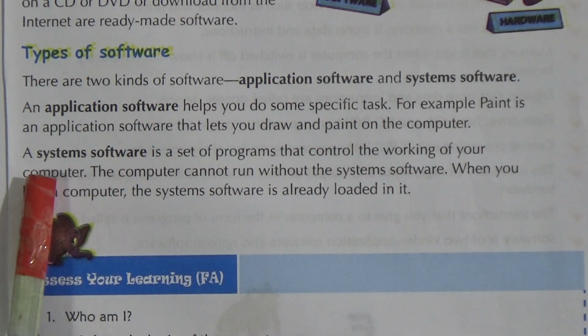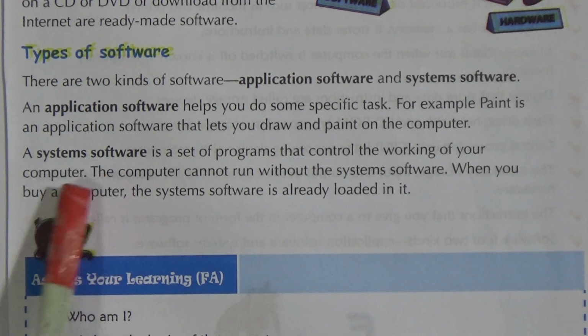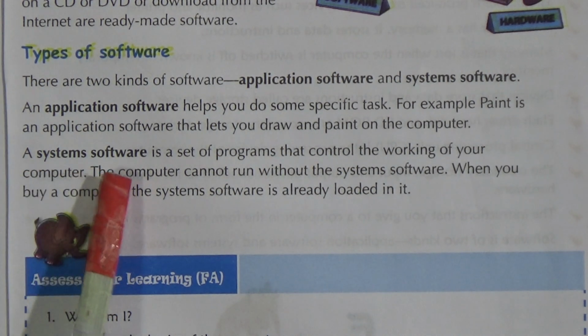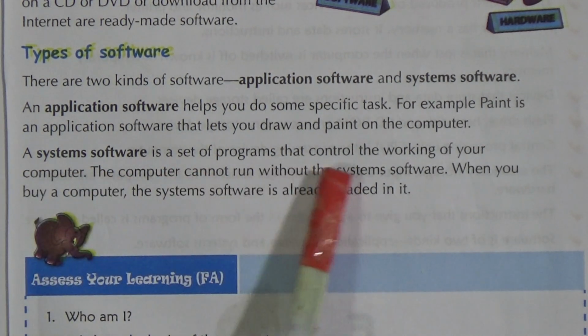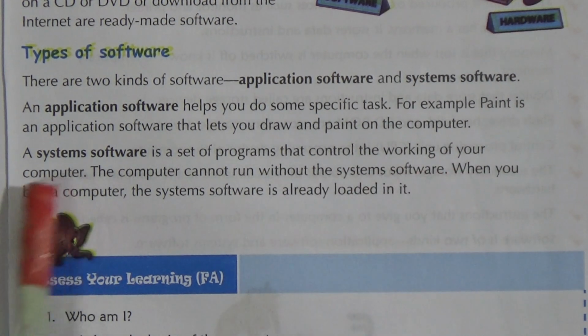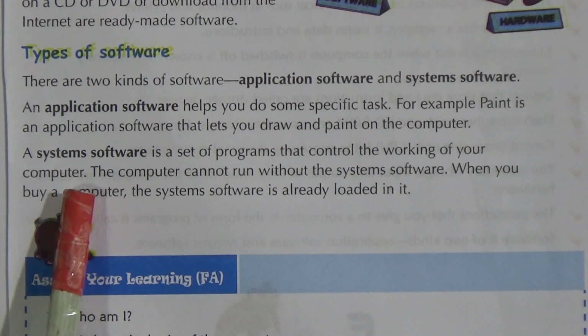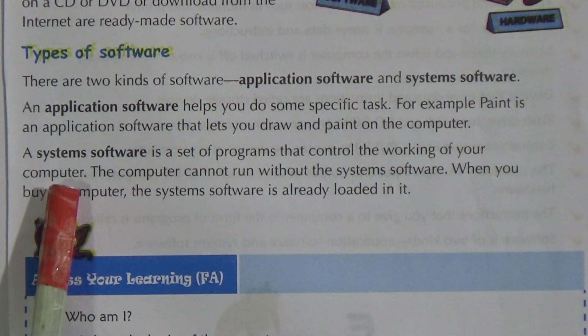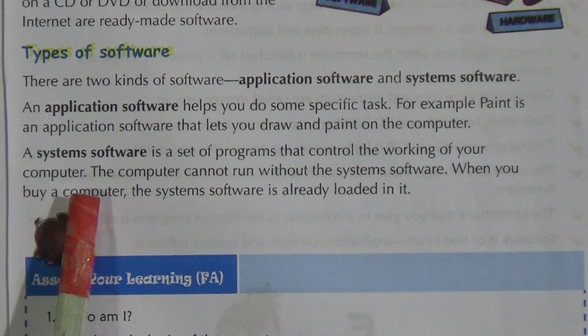Next is system software. A system software is a set of programs that control the working of your computer. So system software is used to control the working of your computer. It doesn't do any specific single task, but it helps you to run the computer.